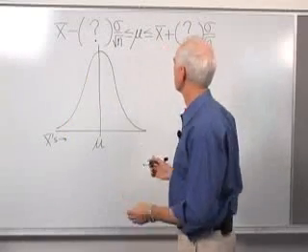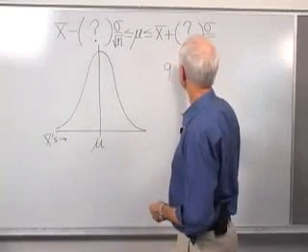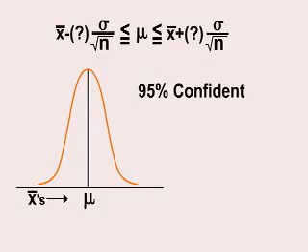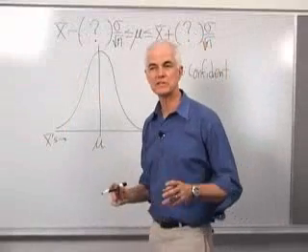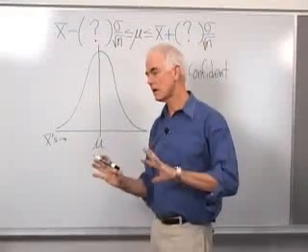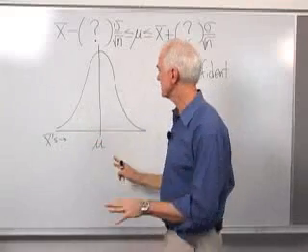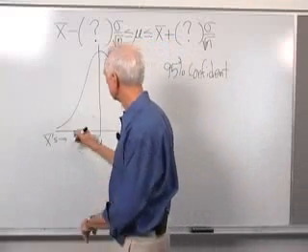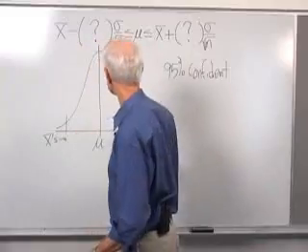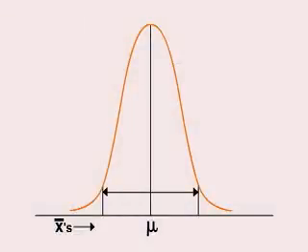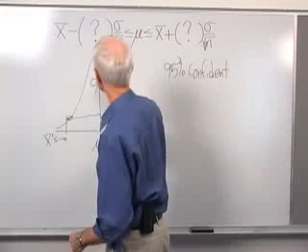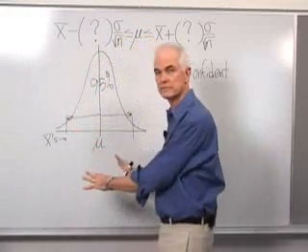Now, in this particular example problem, we want to be 95% confident of our results. So we ask ourselves the question, how far would we go out from the mean in this distribution to capture about 95% of the sample means? So if we go out equal distance in each direction, how far would we have to go out in each direction to capture 95% of the values in the normal curve?